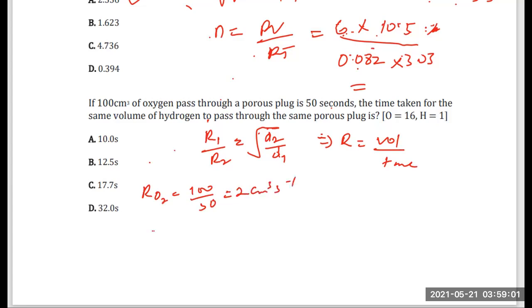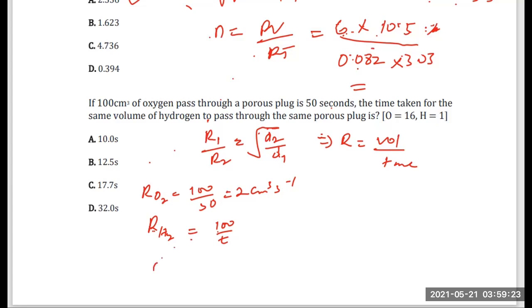If you are to find the rate of hydrogen, since it's the same volume, it will be 100 over T. So we can establish the rate quickly before we move to the density.